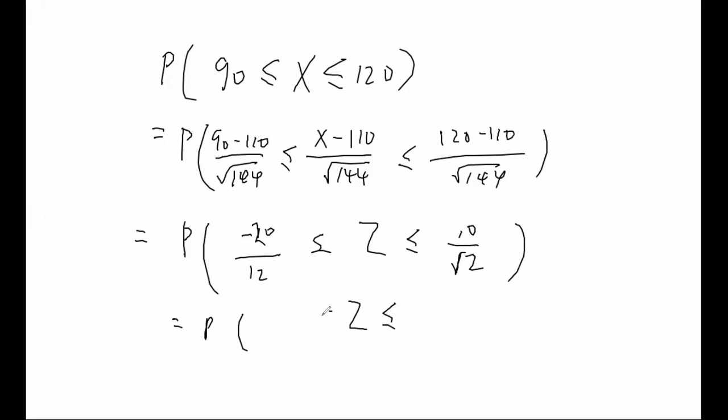So that will give you 5 over 6, and this will give you minus 20 over 12, which is 5 over 3, okay.